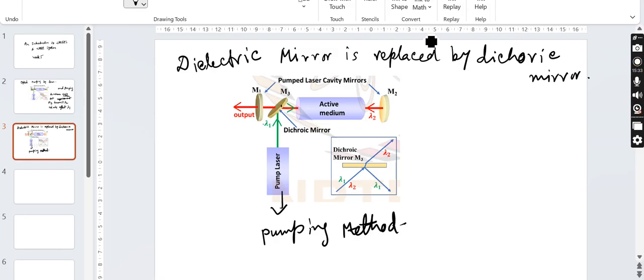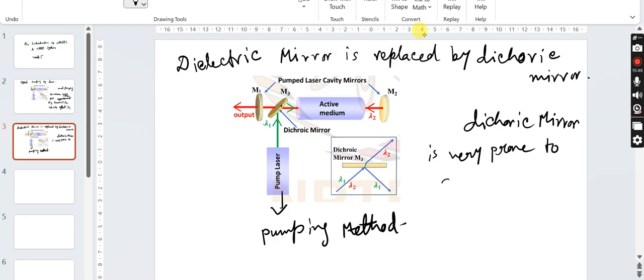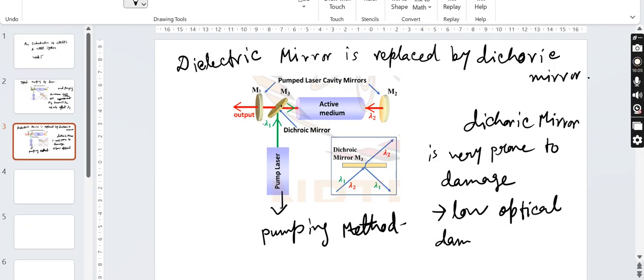The thing is that the dichroic mirror is very prone to damage because it has a very low critical damage threshold.